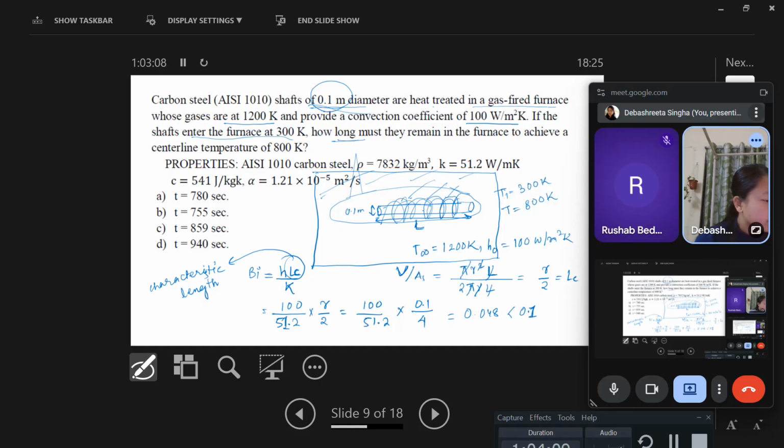If it is less than 0.1, then only you can consider it as lumped model, lumped capacitance.